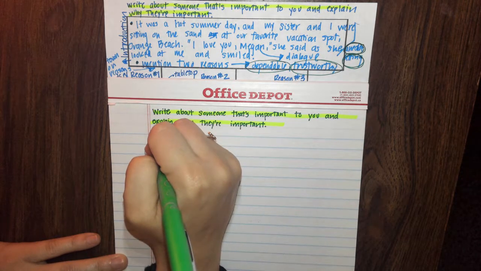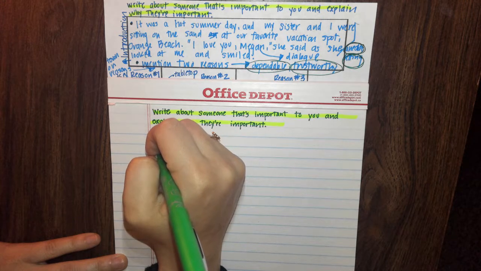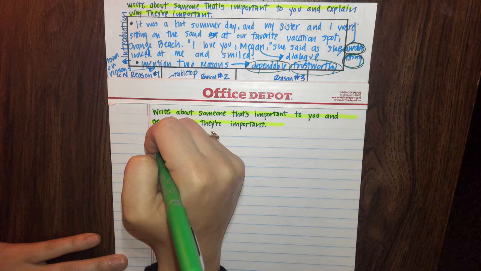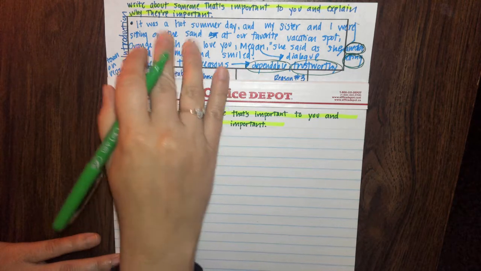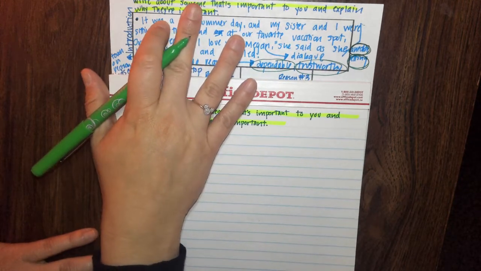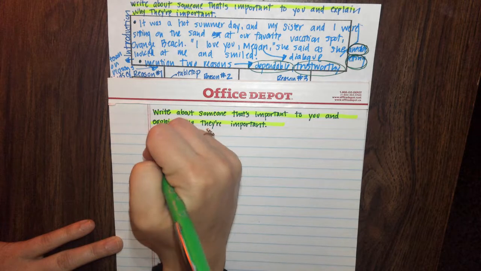So at the beginning, I don't really go with the 1-inch indentation rule. I just want to indent just a little bit. And honestly, that's kind of not even all that important. You just need to make sure that your paper is organized. So the first sentence is going to be my hook.